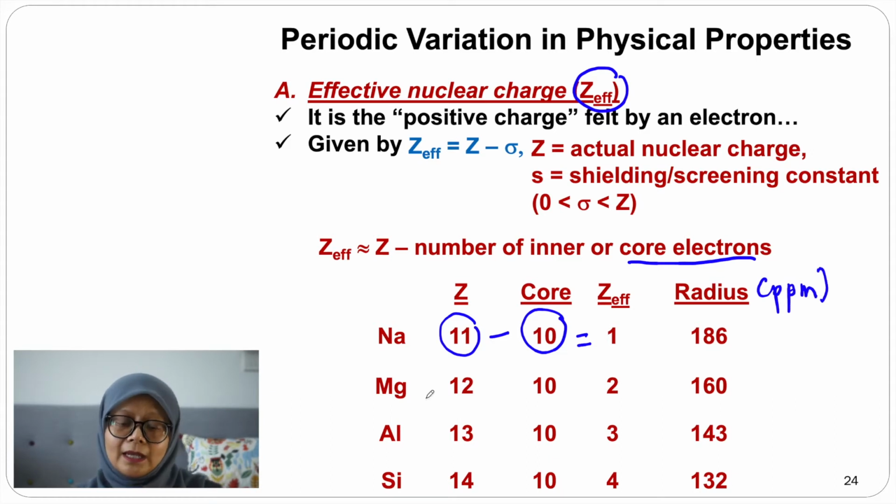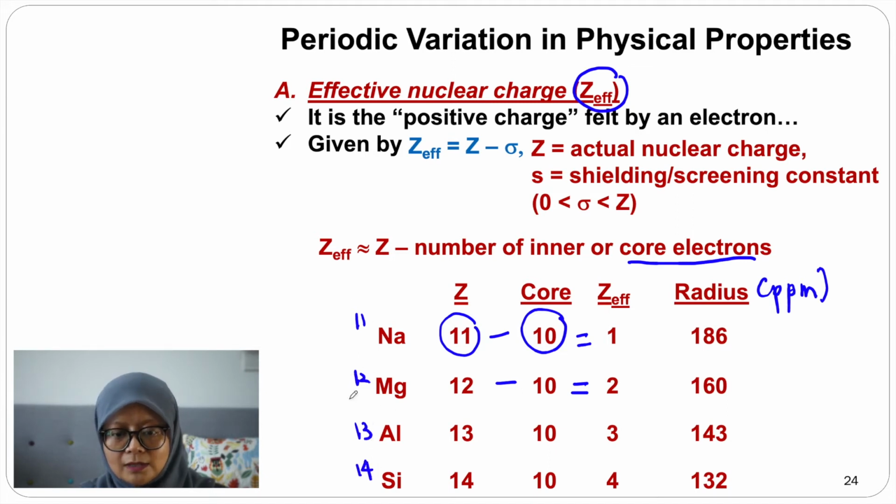And then another example, let's say we have magnesium, 12. The core electrons are 10, the Z effective gives us 2, and the radius is 160. And then here this is 11, 12, 13 and this is 14.